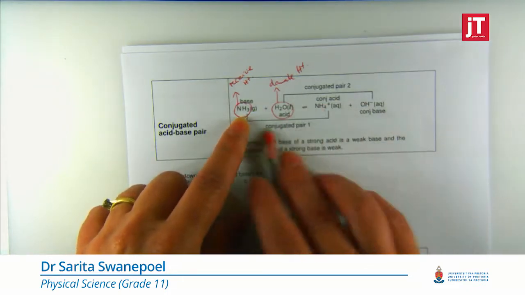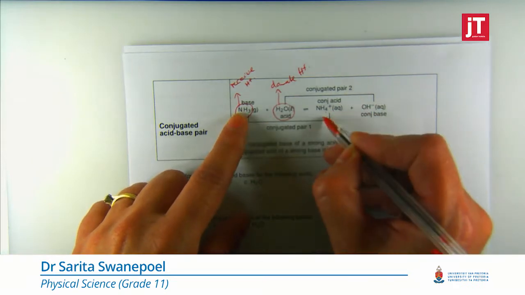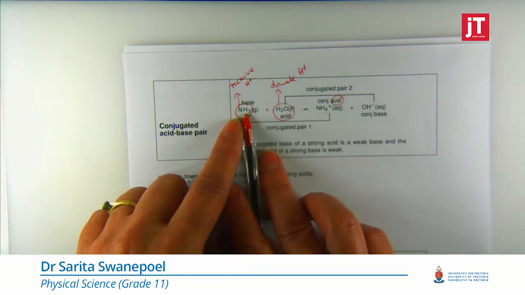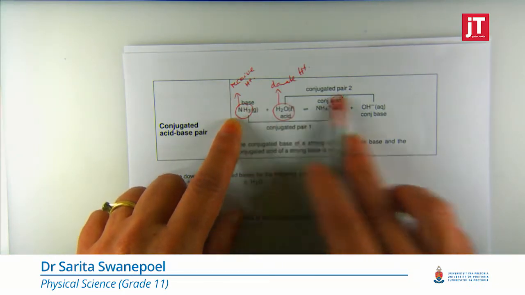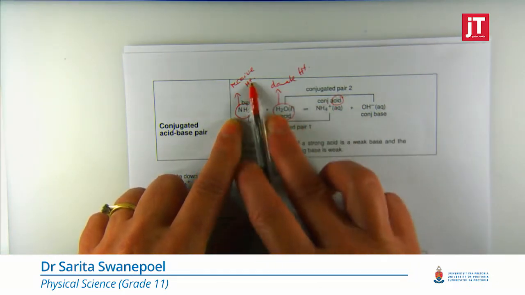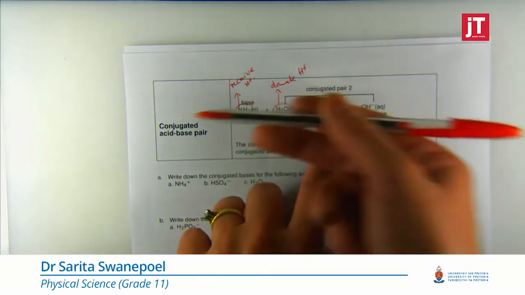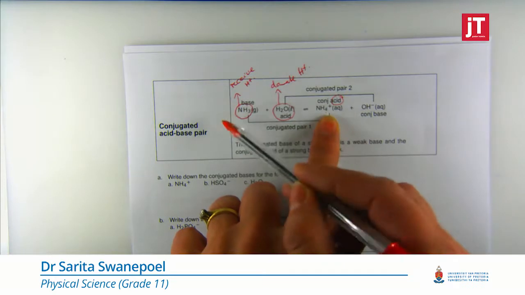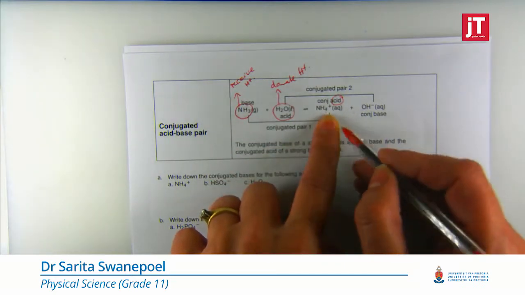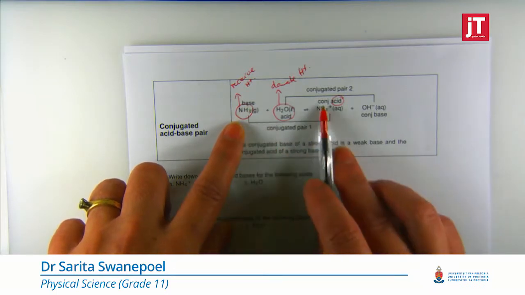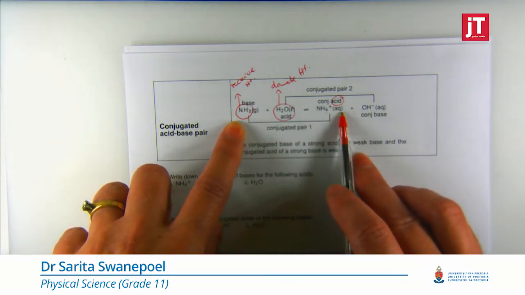Yes, it gave off an H plus. So this one is actually an acid. For NH3 you look in the forward direction, where it receives an H plus. For NH4 you look at the reverse reaction, where it gives off an H plus, so now it's an acid. They're a pair, a base and its conjugate acid.